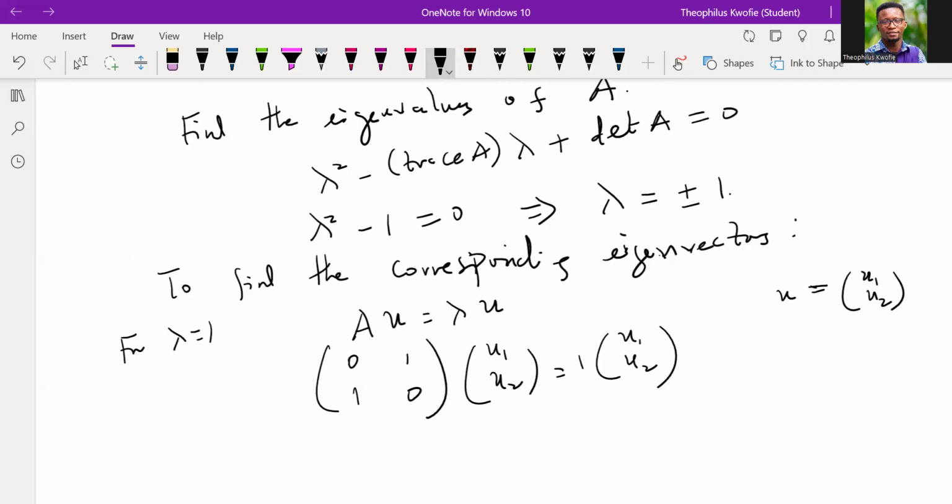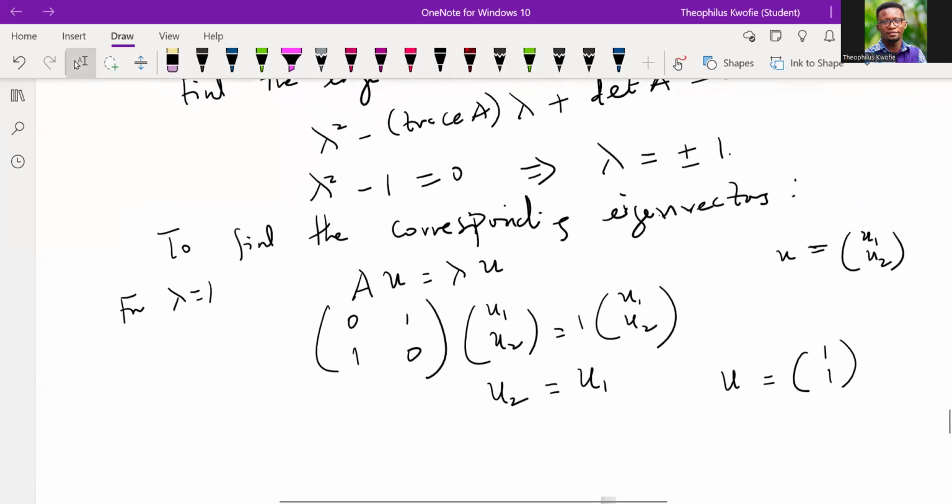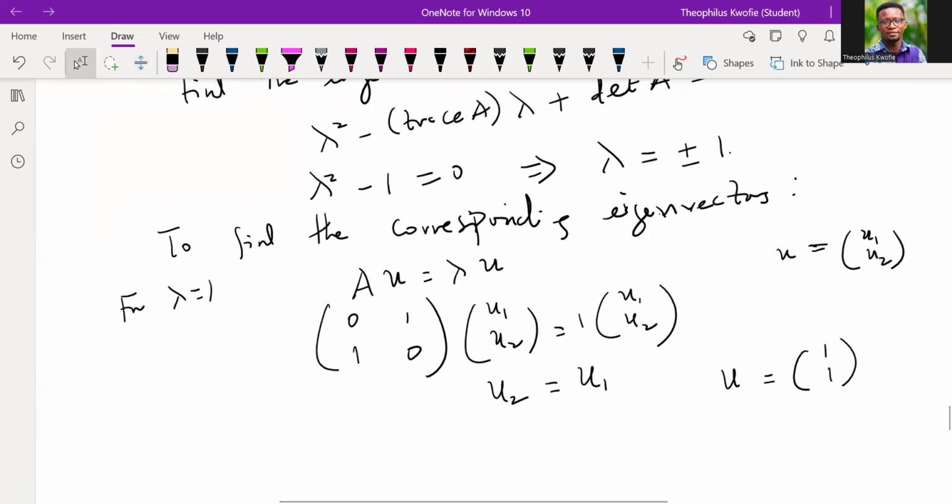By solving that, we get U2 equal to U1. So when U1 is 1, our U2 will be 1. Is that okay? I hope we are all following.